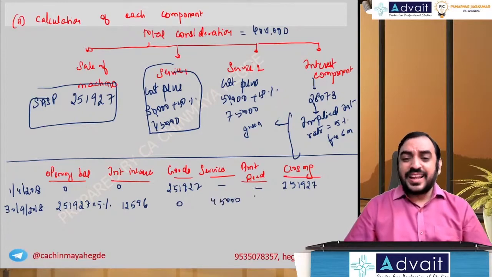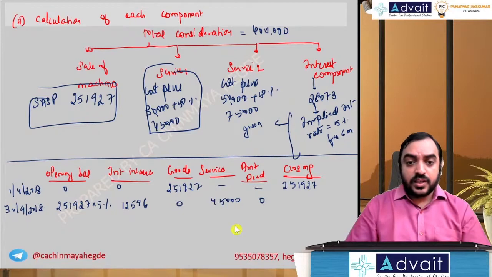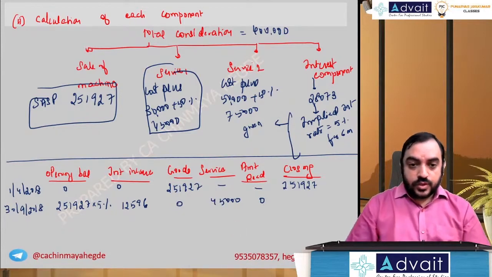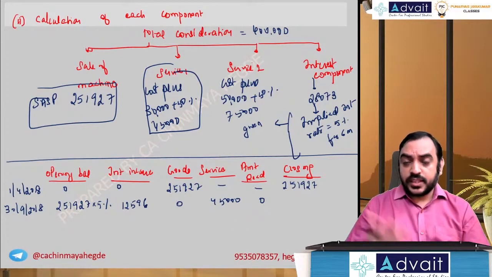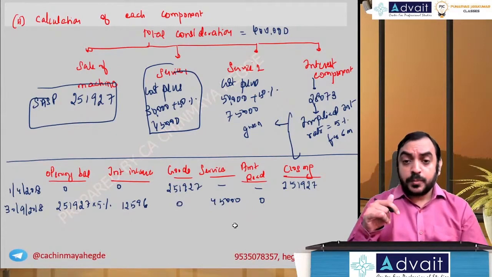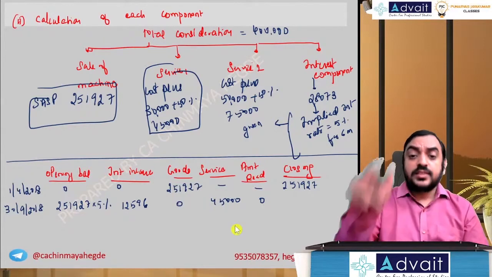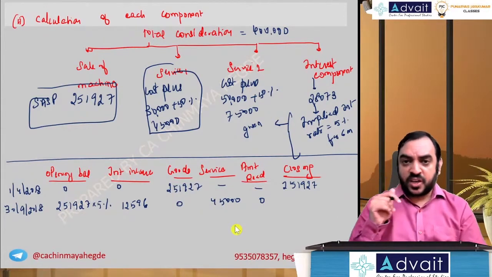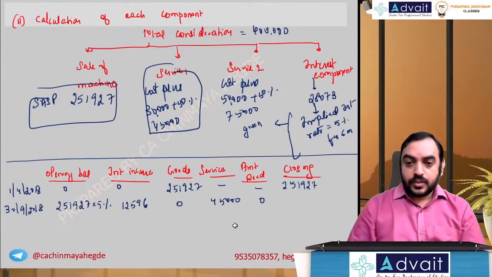Have you received any amount? Nothing, 0. The closing balance is 2,51,927 plus 12,596 plus 45,000. Also remember, I have multiplied by 5% and not by 6 by 12, because this is 5% for a 6 month period, so 6 by 12 is not required. So 3,09,523. This is 30th of September.